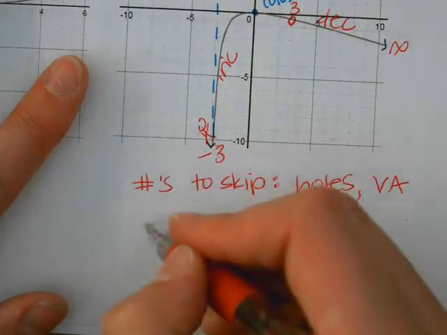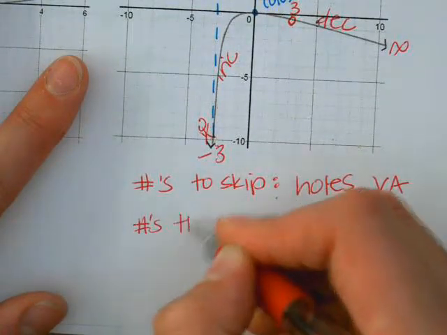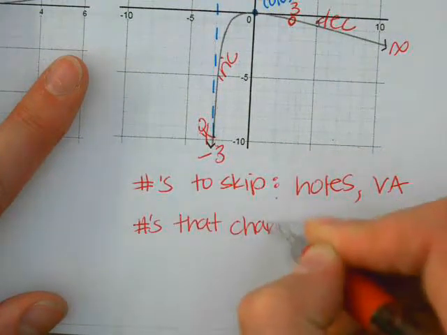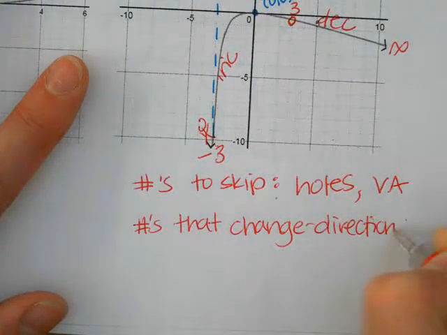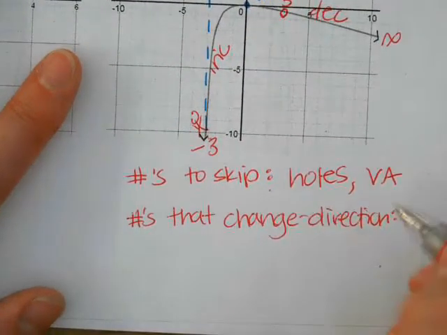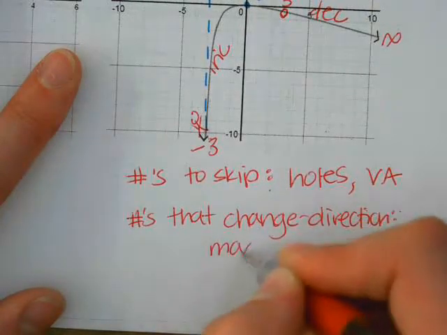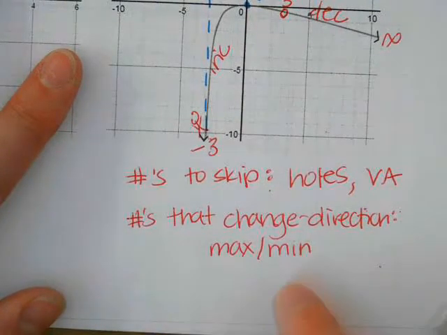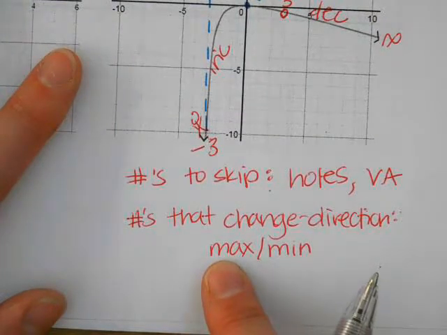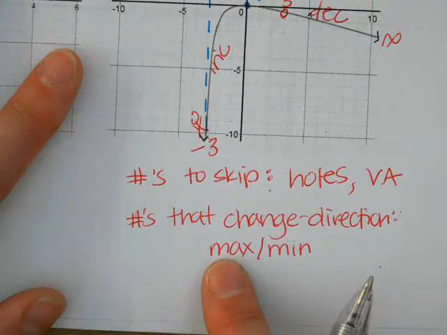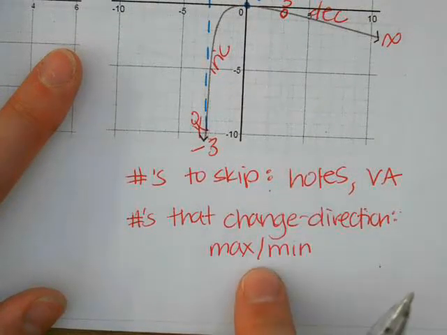And then let's say numbers that change direction? Numbers that change the direction would be maxes and mins, because either you're going down and coming up for a min, so going down would be decreasing, coming back up would be increasing, or you're going up and then coming back down for a max, so you're increasing then switching to decreasing. Okay? So we got numbers that get skipped, and we got numbers that change the direction you're going. All right? Okay.